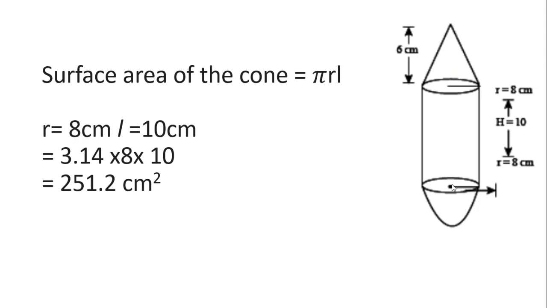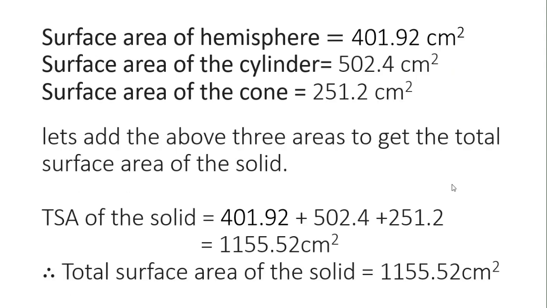Now it is very simple. We just need to add all three surface areas. That means the surface area of the hemisphere that we got as 401.92 square centimeters, the surface area of the cylinder as 502.4 square centimeters, and the surface area of the cone as 251.2 square centimeters.